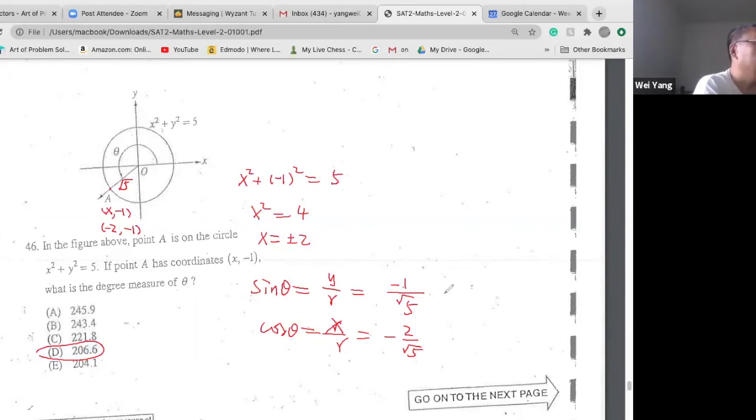Then you can use your calculator to calculate this angle.